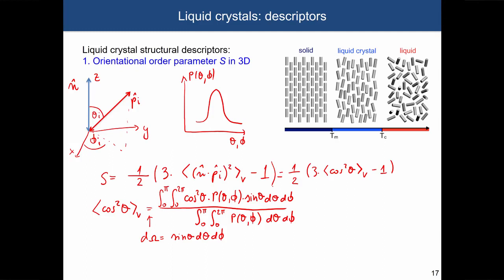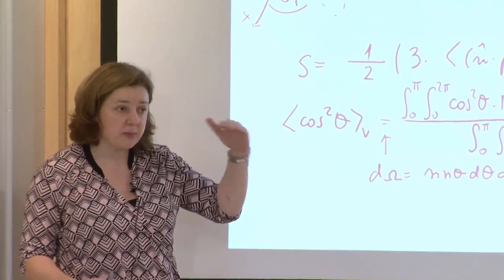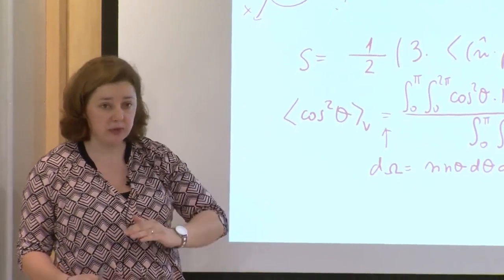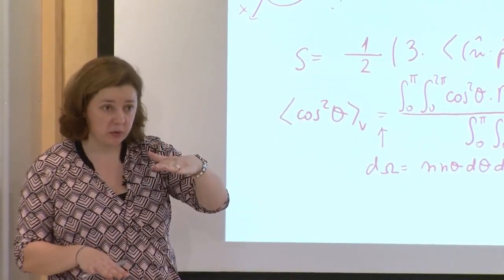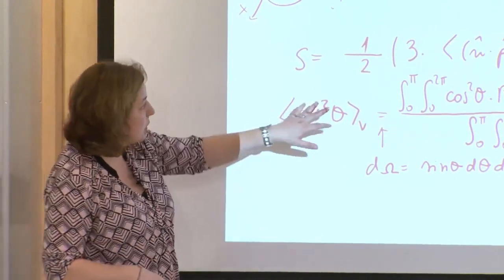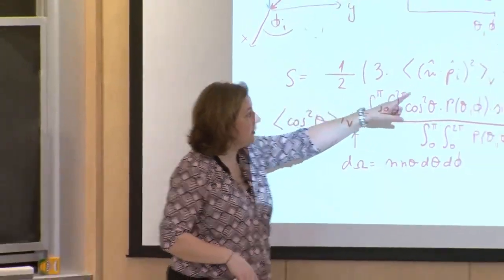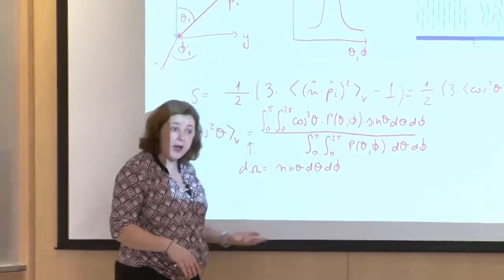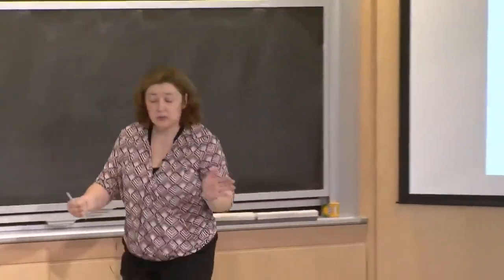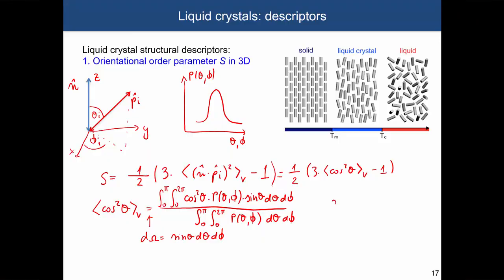So again, there is a specific reason why it's defined like this. Again, it will have very specific values for the crystalline and for the liquid phase, and anything in between will be for the liquid crystalline phase. The reason why these numbers 3, 1/2, and -1 are defined is to give these values at the end. So if you do calculate this, then the S value for crystals in 3 dimensions will be 1.